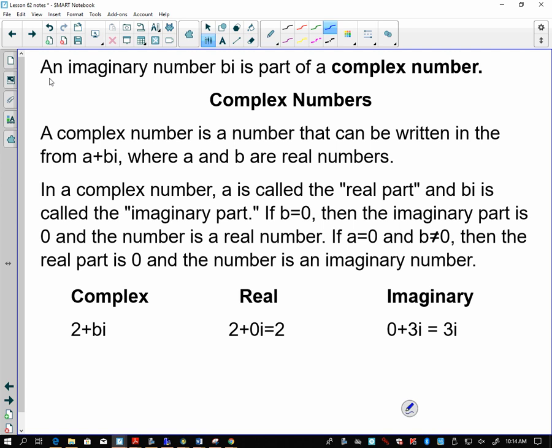And bi is called the imaginary part because, let's take, for instance, an irrational number like pi, okay? Can we have something like 4 pi? Yeah, we can have 4 pi. Pi is irrational though, right? Yes? Okay. What happens when I take a rational number and multiply it by an irrational number? What do I wind up with? I wind up with an irrational number.